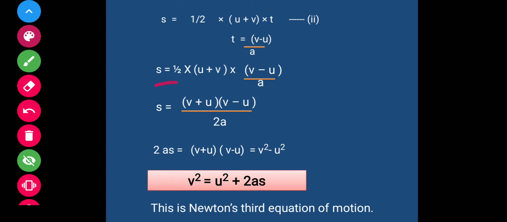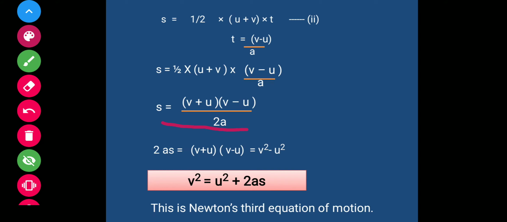Displacement is equal to half into u plus v into, instead of t, we are putting v minus u upon a. Then displacement is equal to, we multiply 2 by a, 2a, so we get v plus u into v minus u upon 2a.